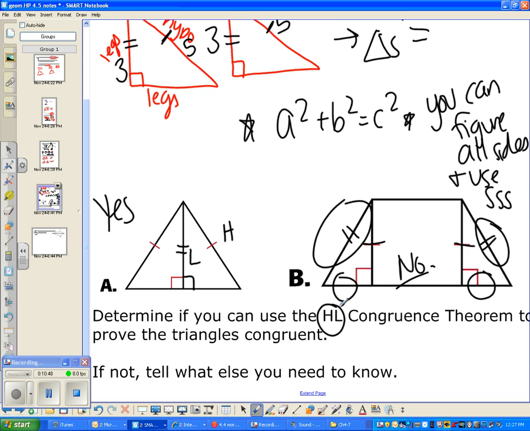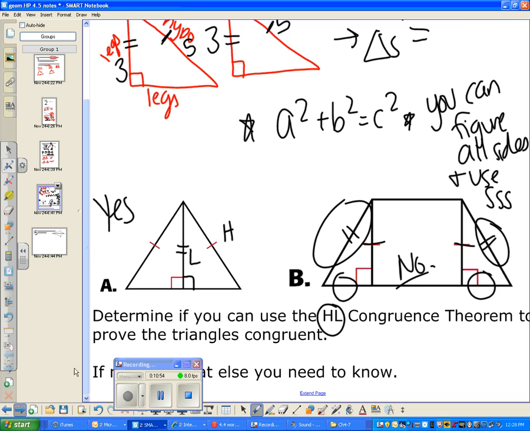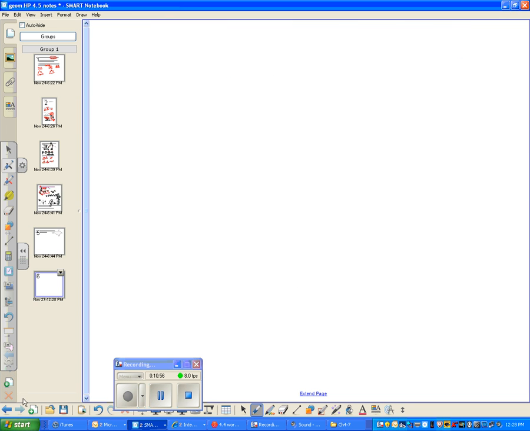And if you check on your calendar, you don't have to do anything out of the book, but you do need to go to Khan Academy, and you need to do, sorry, we'll do proofs tomorrow. You need to do Khan Academy, and you need to do, let's see, congruent triangles 2. No, wait. Oh, I can't remember. Sorry. Look on your calendar.